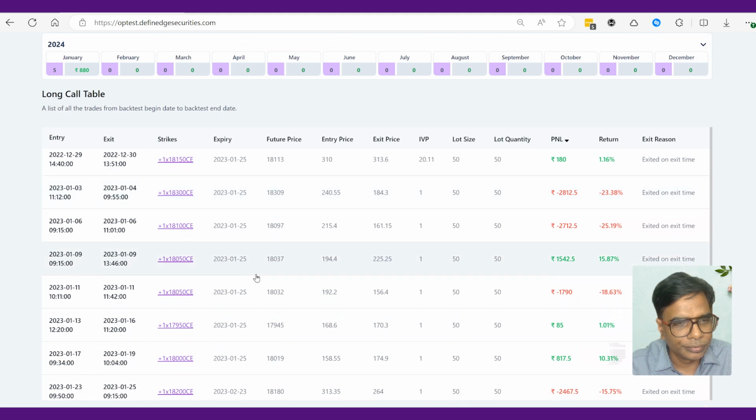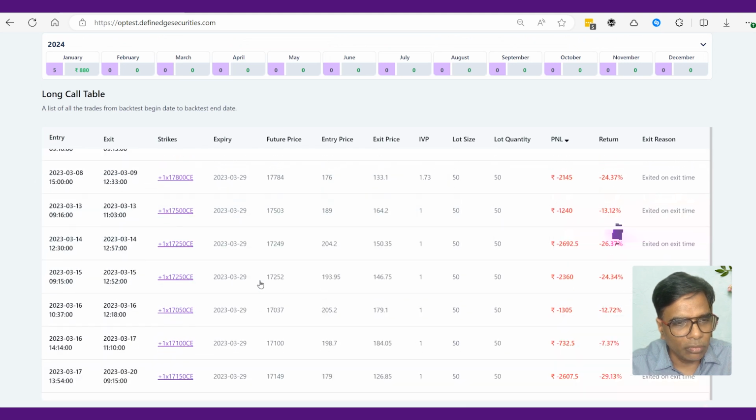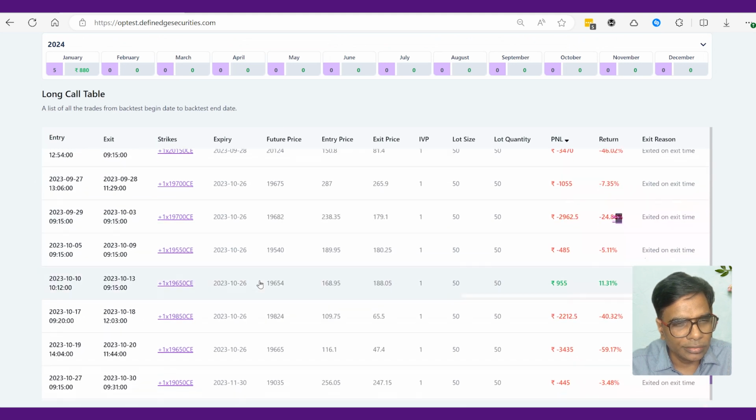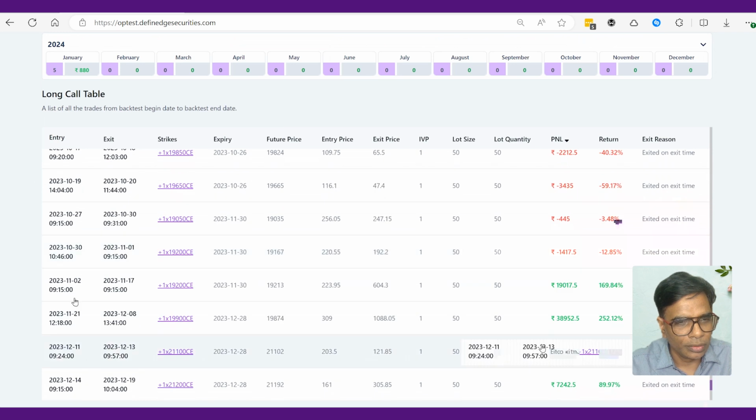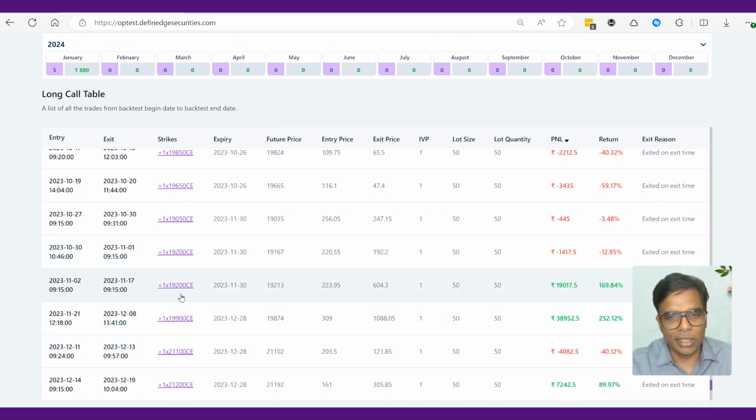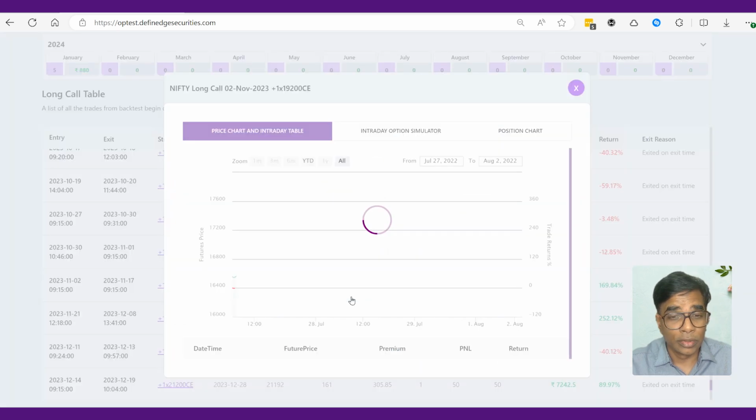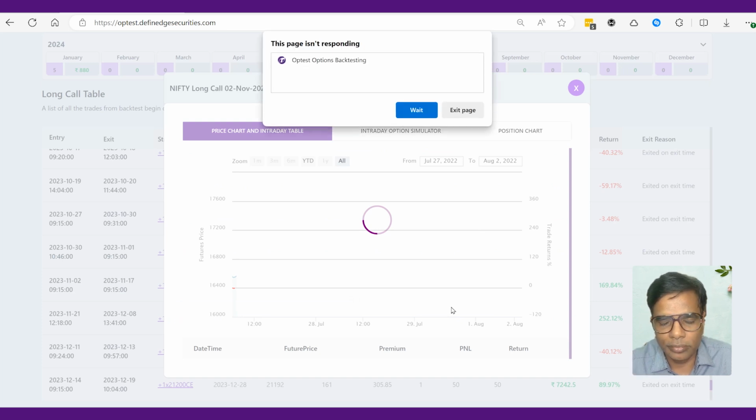So 2nd November 2023, 19,200 call. Now I click on this and the chart loads, and the whole trade loads at each and every minute, and you see how the P&L has generated over time.